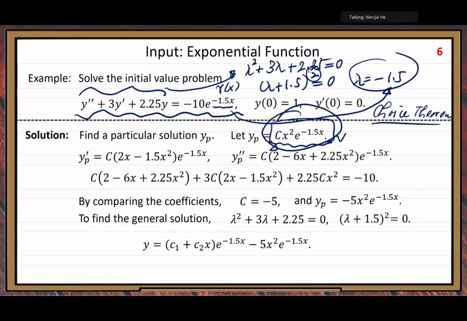If it's a single root, then your power function is different. But here it's a double root. So based on these two factors, same E function, and second, you need to look at the multiplicity of your root, you can determine the structure in this way.